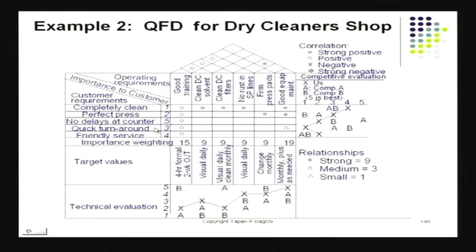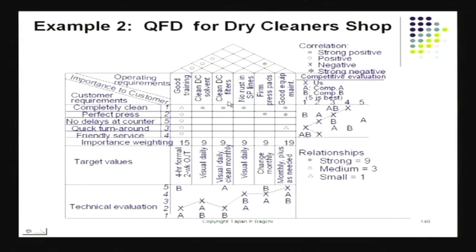These are customer requirements. Then I get my gang together. I get people who know this dry cleaning business, and I bring in my workers and supervisors and so on. I ask them, if we have to deliver these things, what is it that we'd like? And they say, well, to be able to do that, we must have good training of our people. We must have clean dry cleaning fluid.